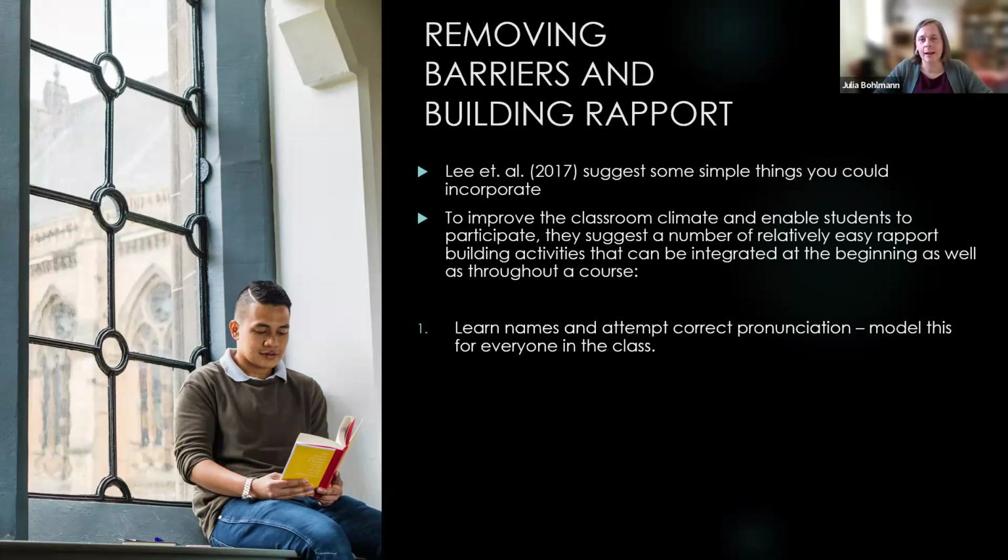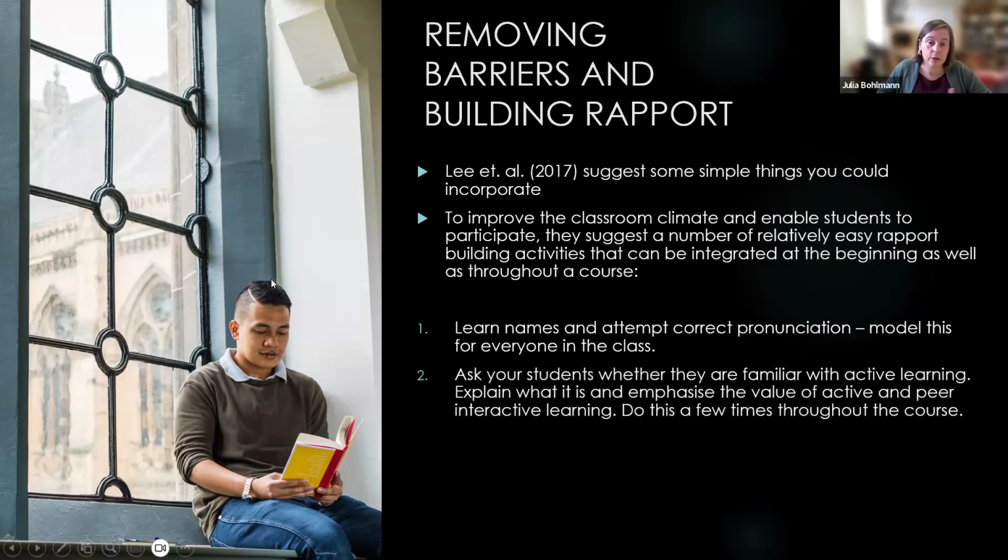So if you are lucky enough to work with small student numbers, to actually be able to learn names from other countries and really attempt to say them out loud will be very well received, because it's a recognition of student identities, where they're coming from, and that they see you make an effort, and that creates a good classroom climate, because it models behavior that other students can copy as well.